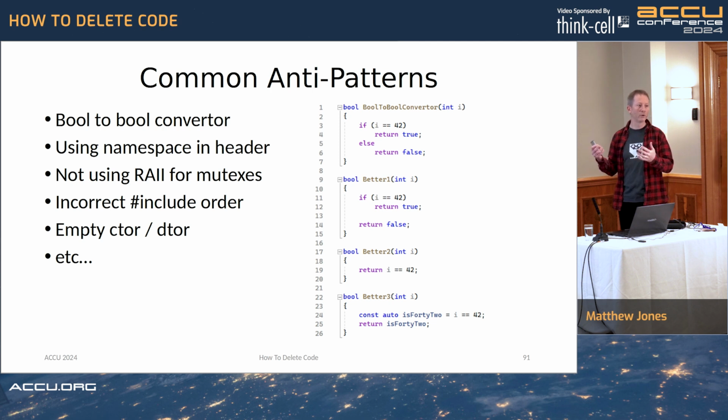There's no third choice for that else. So that's why the first better one is the response to that. Better two is much denser because that statement is a bool, but it's pretty meaningless. So better three introduces a bit of self-documentation, even though it's a bit longer.